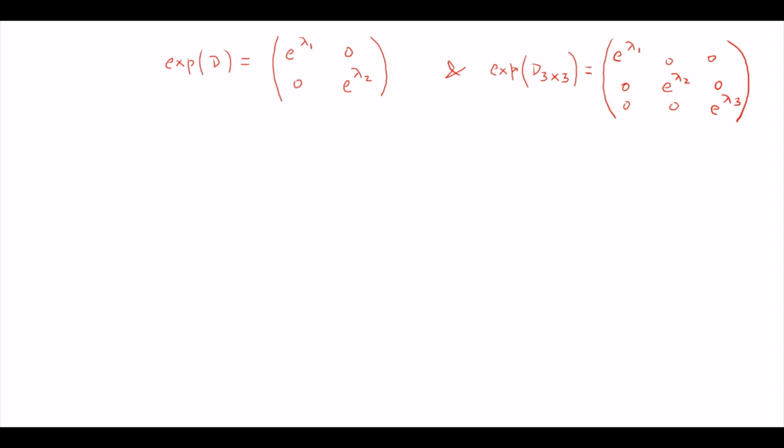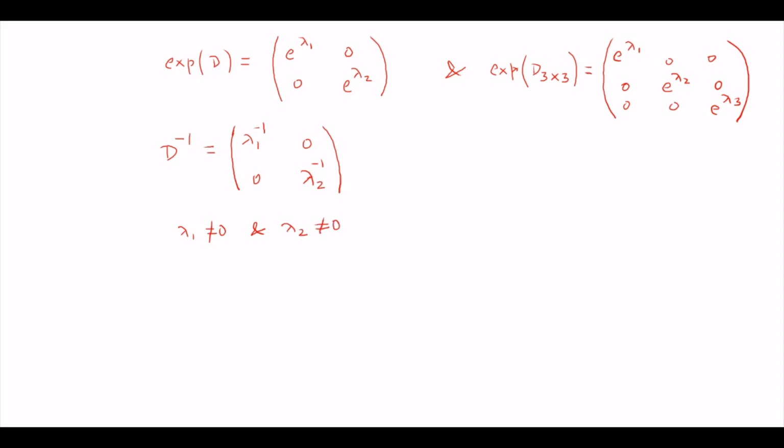The next one, calculate the inverse of these matrices. If it is a diagonal matrix, it's very easy. Suppose I want to calculate D inverse of this 2 by 2 matrix. It's simple: lambda 1 inverse, 0, 0, lambda 2 inverse, provided lambda 1 is not equal to 0, and similarly lambda 2 is not equal to 0.